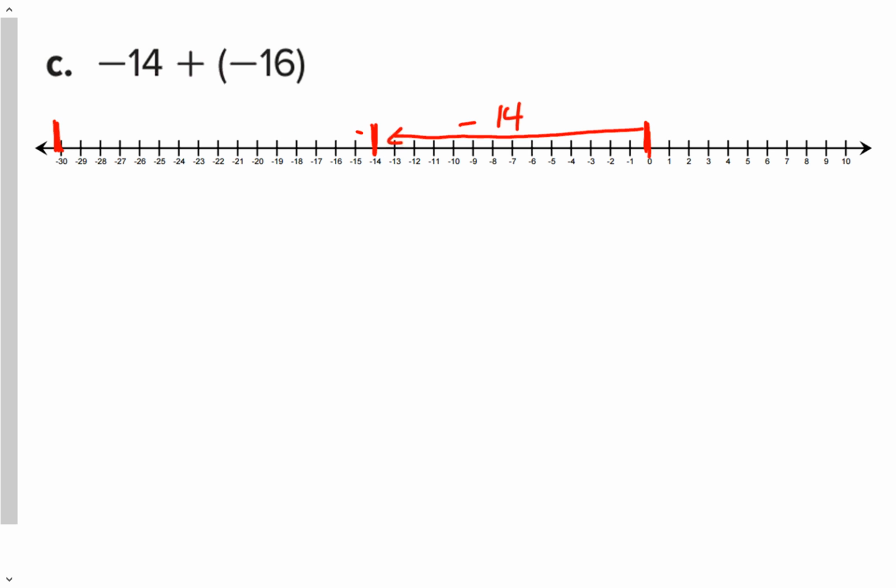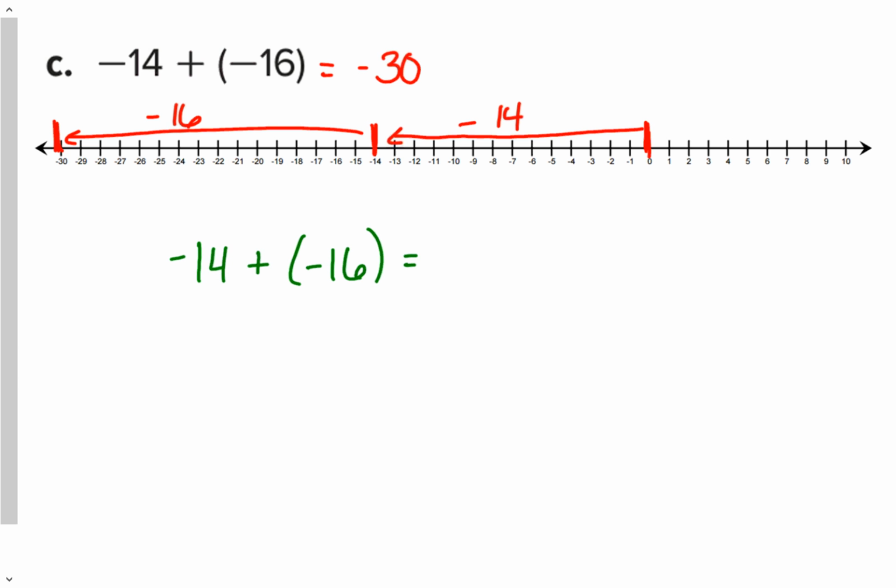So we end up, after we go negative 16, at negative 30. Again, with the absolute value way, we're going to add their absolute values. So 14 plus 16 is 30, and since they're both negative, the answer is going to be negative.